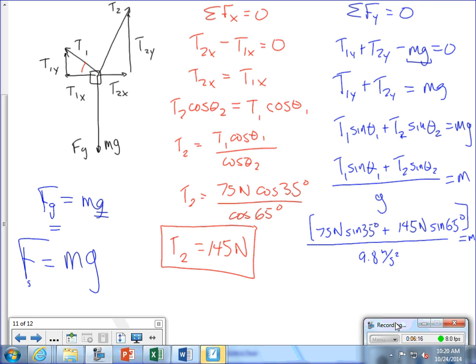All right, 75 sine 35 plus 145 sine 65 divided by 9.8 equals, and I get a mass of, let's just call it 18 kilograms. What do you think? Not so bad.